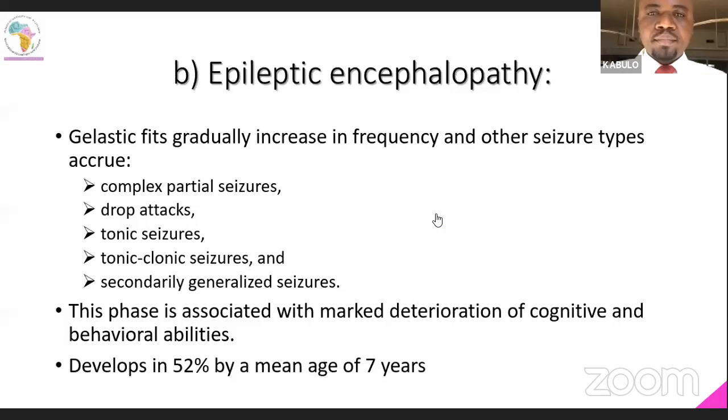So the epileptic encephalopathy phase is associated with marked deterioration of cognitive and behavioral abilities. And it develops in 52% by a mean age of 7 years.